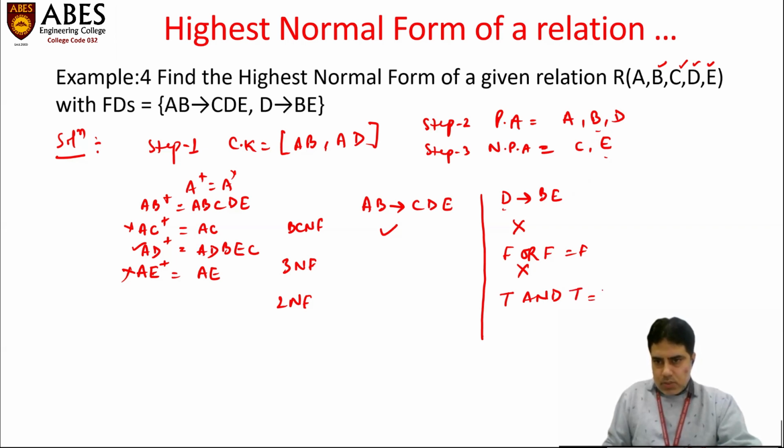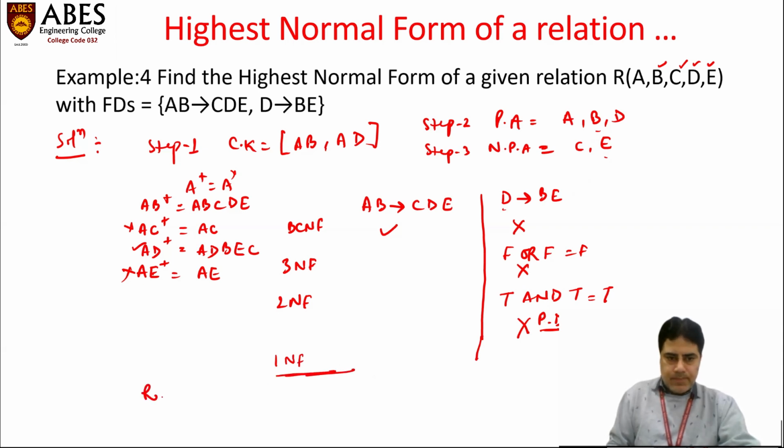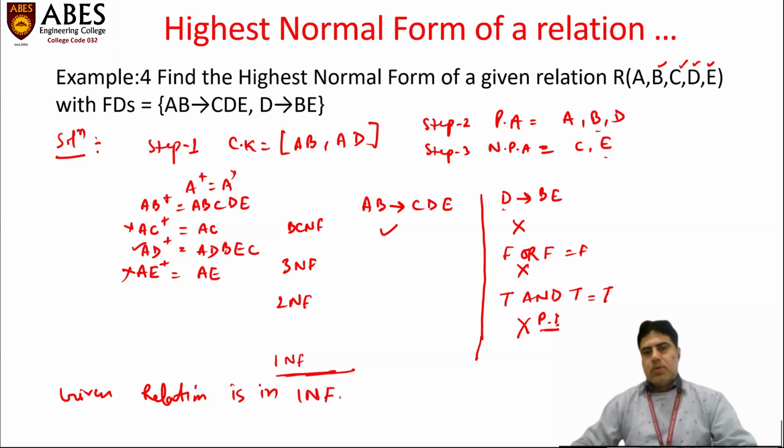True and true is true. So partial dependency exists. If partial dependency exists, we can say that this relation is not in 2NF. So by default, the relation is in 1NF. The given relation is in 1NF.